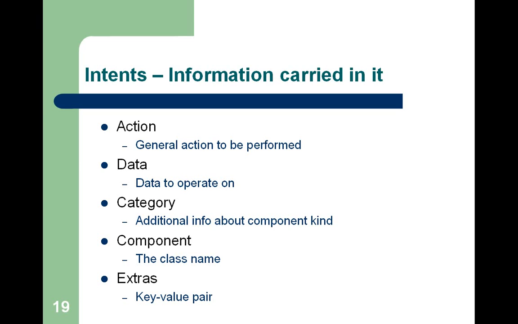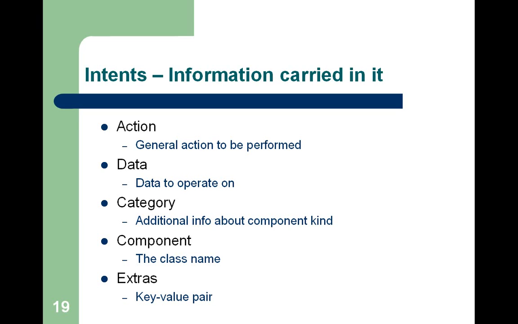The second thing is on what data this action has to be performed. Action and data are paired. Different kinds of actions are paired with different kinds of data. For example, if your action is action edit, your data field should contain a document which has to be displayed for editing.